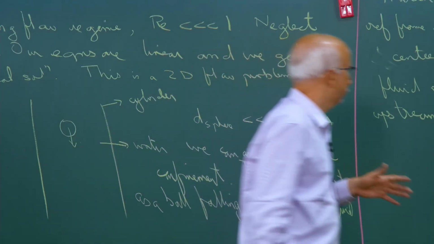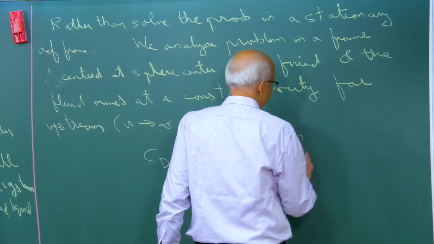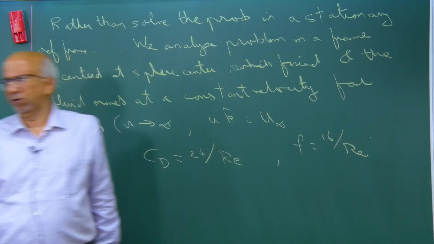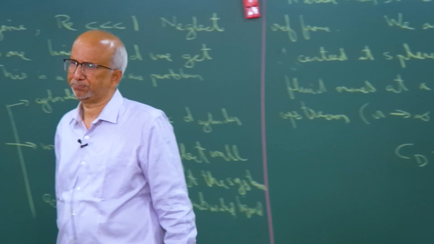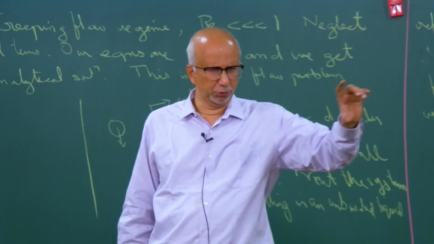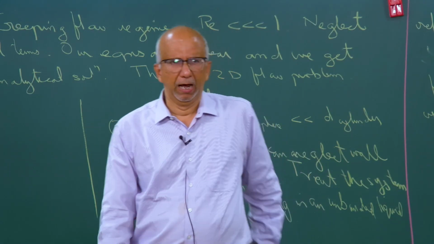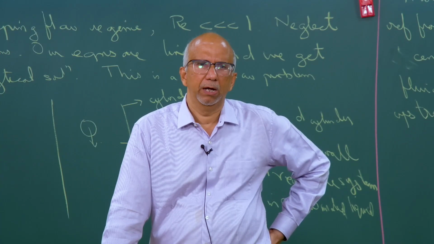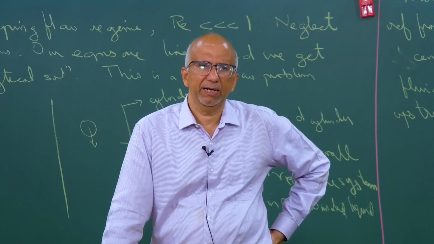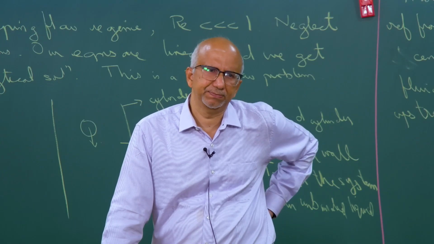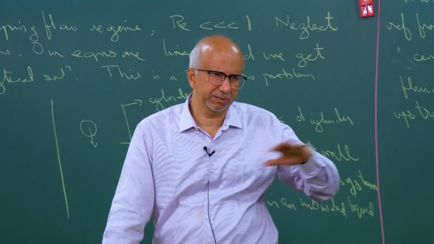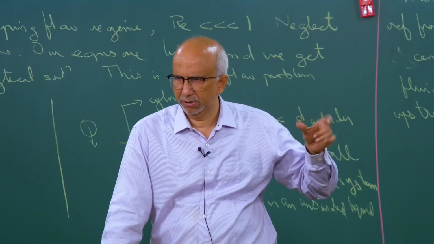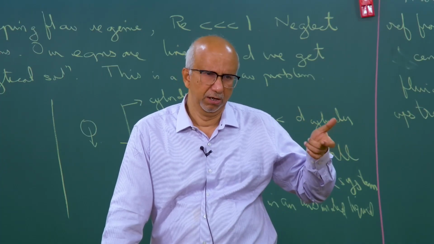Friction factor f is given by 16 by Re or 64 by Re depending upon how you define it. This is for flow through a pipe, again valid only for laminar flow. This friction factor arises because of viscous stresses. There is a shear stress at the wall because of viscosity, and that is causing the pressure drop and giving rise to the friction.